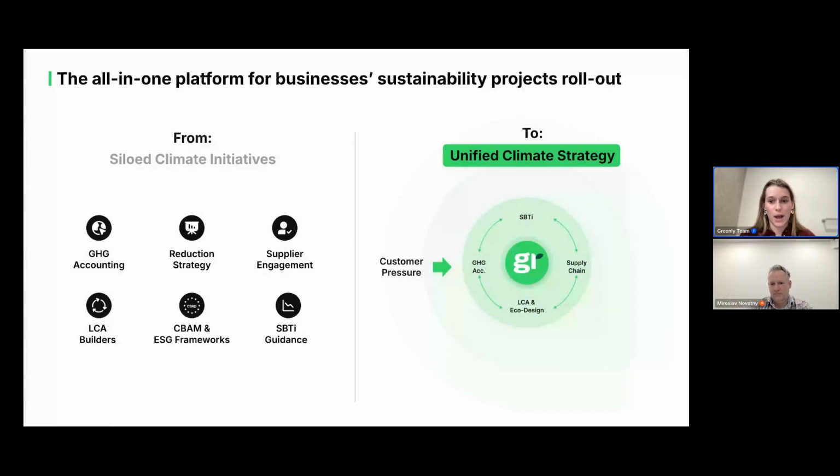So at Greenly, our mission is to help companies simplify and streamline carbon accounting, making sustainability reporting more accessible, more efficient and more actionable.